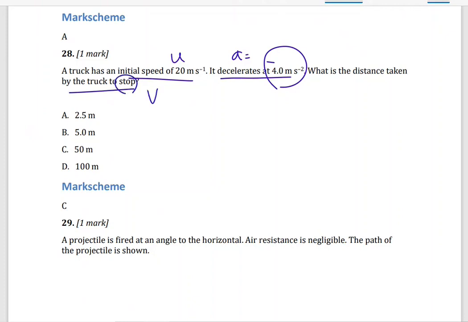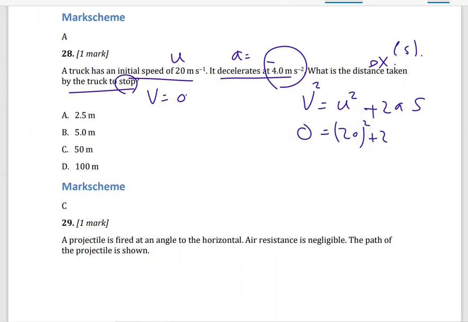To stop, that means V final will equal 0. So I need the distance, delta x, or S. It's that equation: V final squared will equal U initial squared plus 2 times acceleration times the displacement, S or delta x. V final is 0, U initial is 20 squared, plus 2 times acceleration, negative 4, times S. Take this to the other side and simplify.